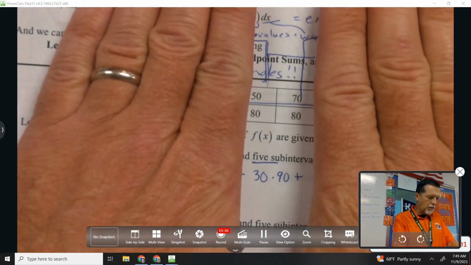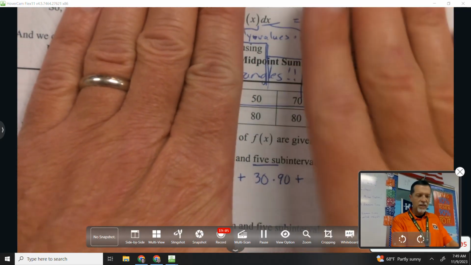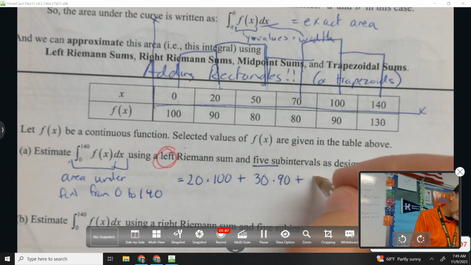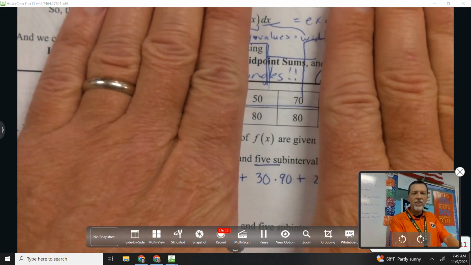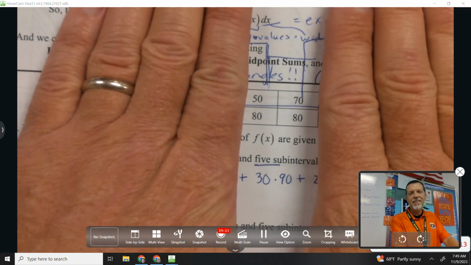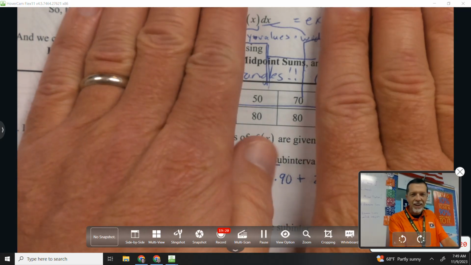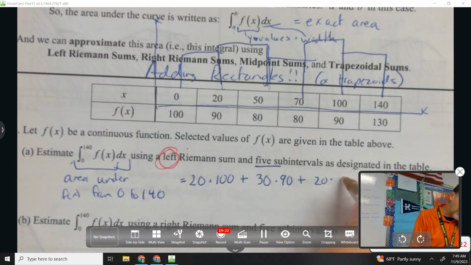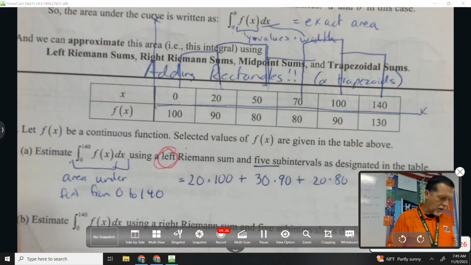Then from 50 to 70, how wide? 20. Which height should I use? 80. It kind of doesn't matter because they're both 80, but I'm using the left 80.